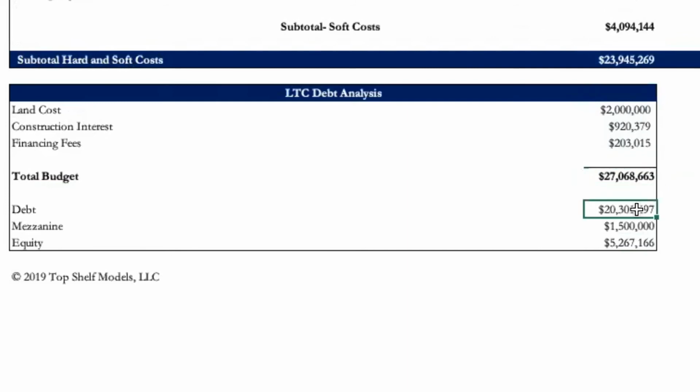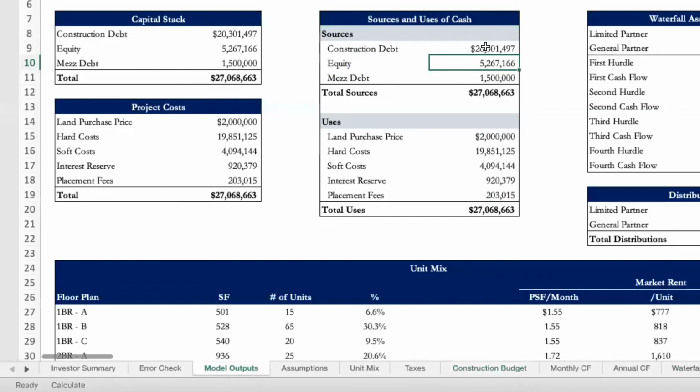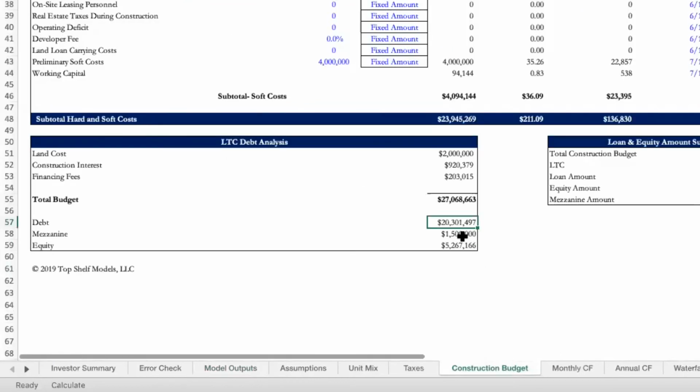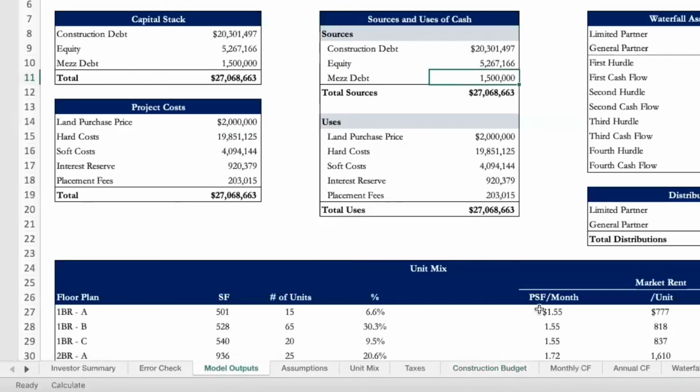After that, we were able to secure $20.3 million worth of construction debt, as that's also reflected here in the sources and uses of cash section in the model outputs tab, and also $1.5 million worth of mezzanine debt, which is also reflected right here.